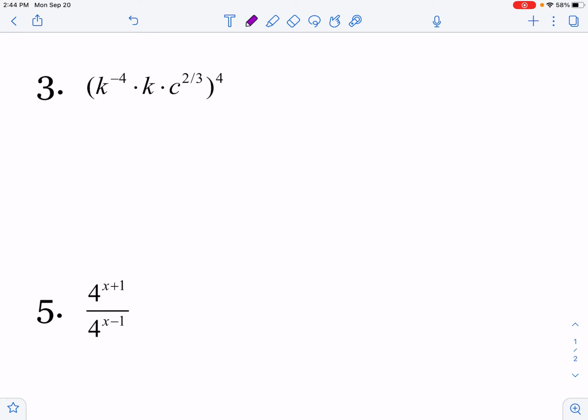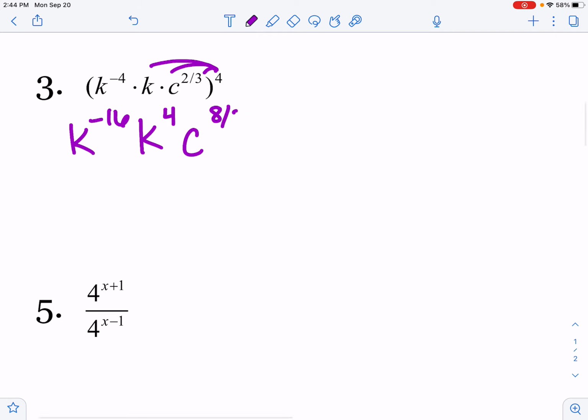Question number 3, k to the negative 4 times k times c to the 2/3. Thinking back to the past classes, I feel like a lot of you like to distribute that exponent, even though that's technically not what we're doing. So I'm going to do that first. You could simplify the insides first if you wanted to as well. So that's going to be k to the negative 16, k to the 4th, and c to the 8/3.